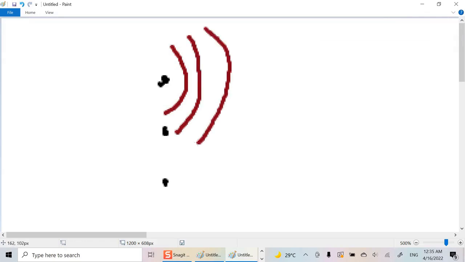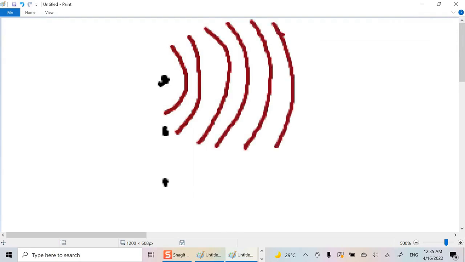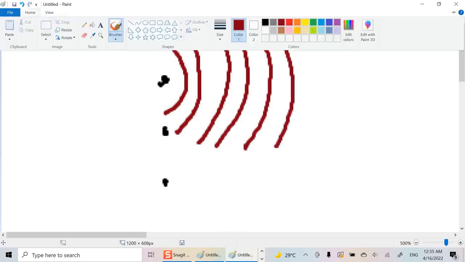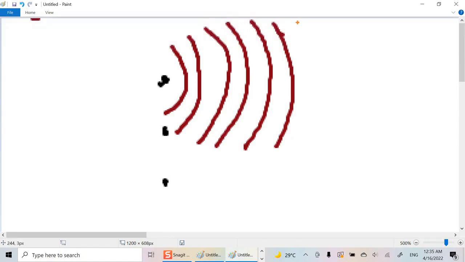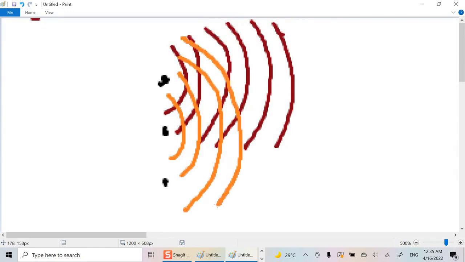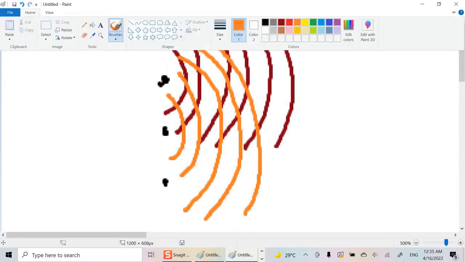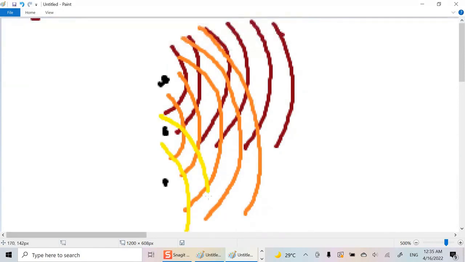The second element will produce the pulse in this way. The third point is exactly this.